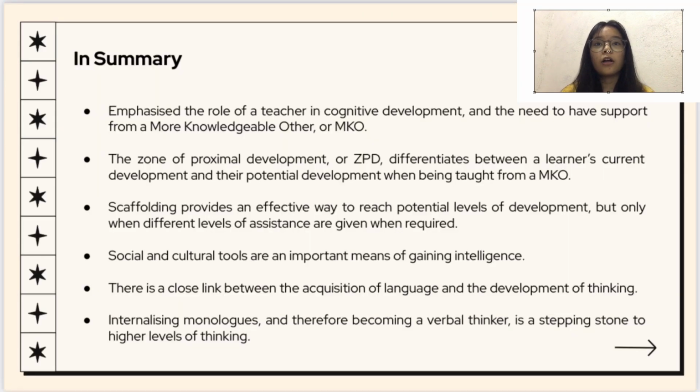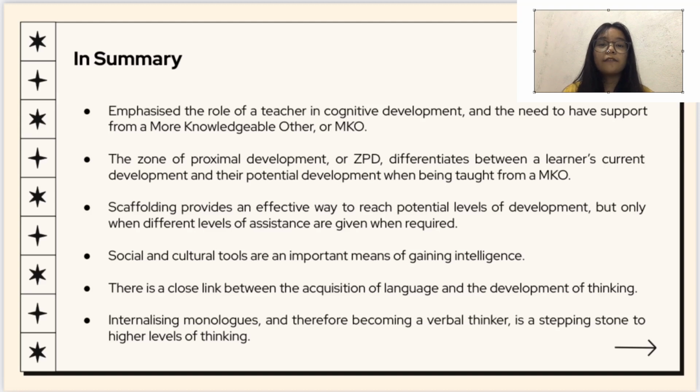To summarize it all, we have emphasized the role of a teacher in cognitive development and the need for support from an MKO, or more knowledgeable other. Second, the zone of proximal development differentiates between a learner's current development and their potential when they are being taught.